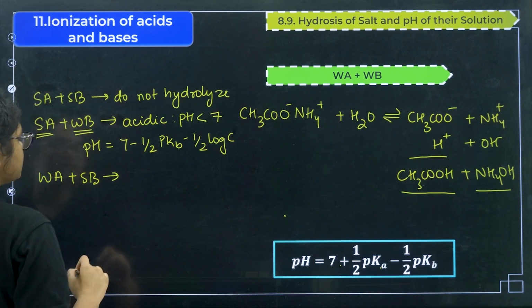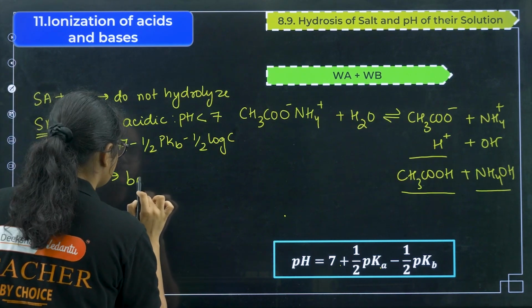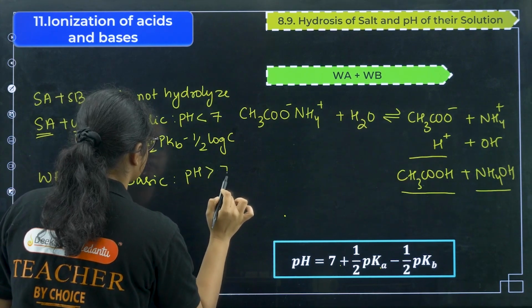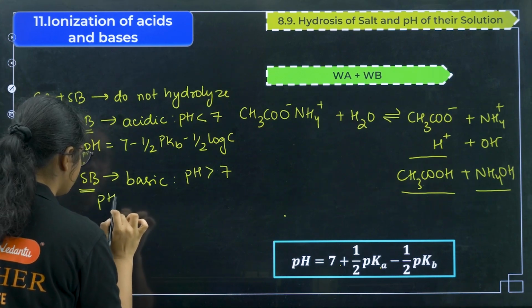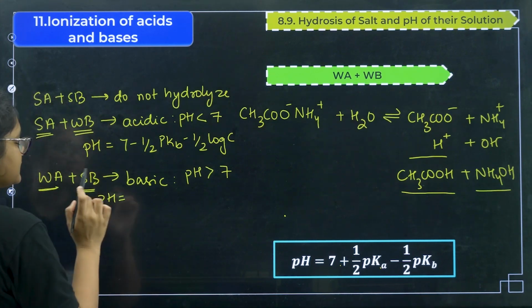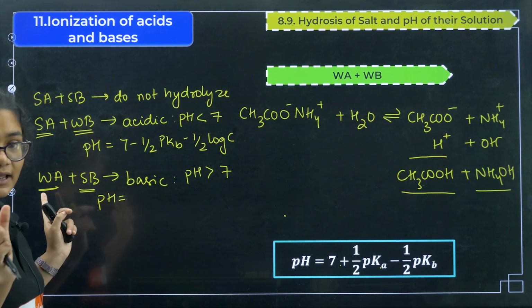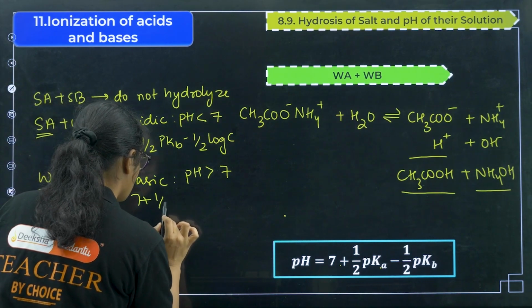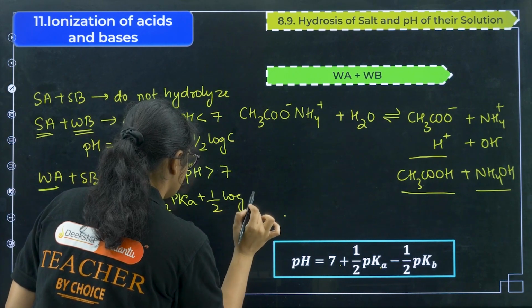This is a strong base, so the solution will be basic in nature and the pH will be more than 7. It is a weak acid, so we will use the pKa value. Weak acid means Ka will come, and with Ka it is always positive. So I'll get 7 plus half pKa plus half log C.